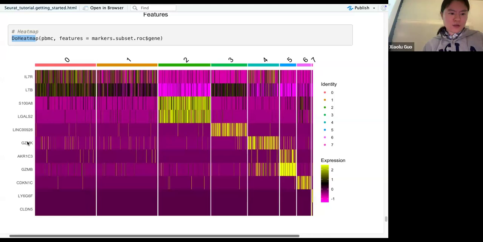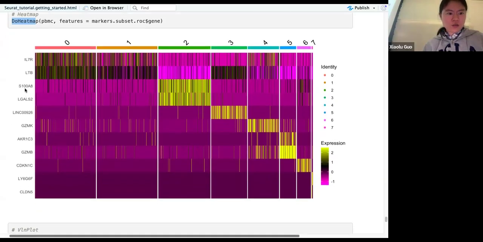So these 2 genes, oh okay, these 2 genes are supposed to be cluster 2, right? And that's a pretty good cell marker, because the color means expression in that cell.